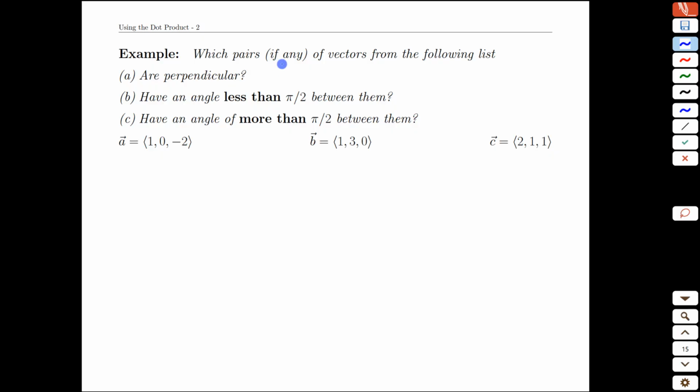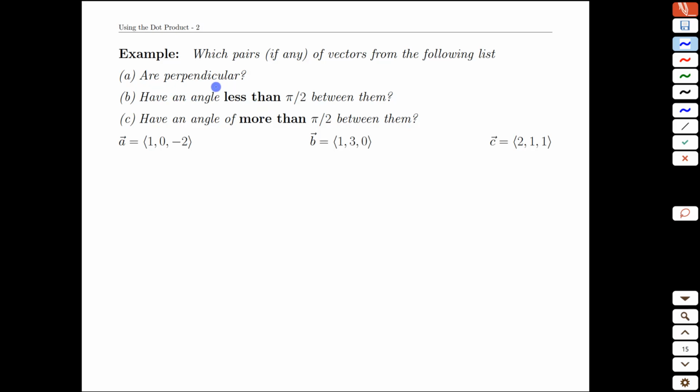Another interesting application of dot products is again combining the dot product with components with the dot product with the angle definition. And what we can do is look at three vectors, say here, in 3 dimensions, which is harder to visualize, and we can ask about the angle between them.